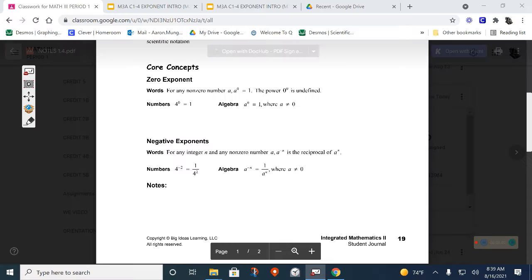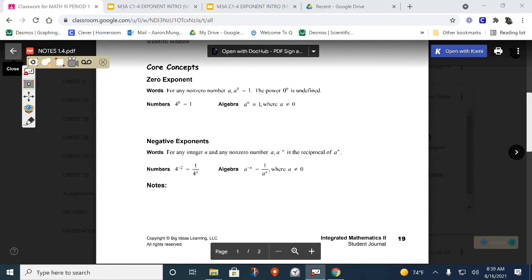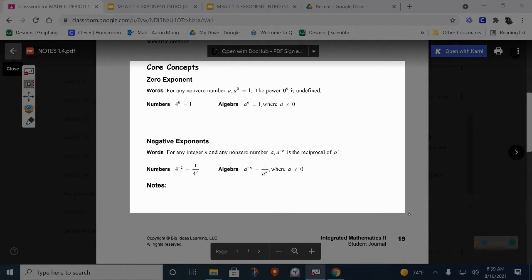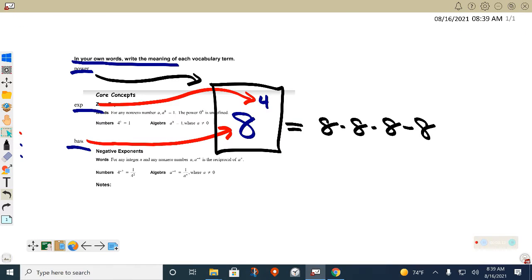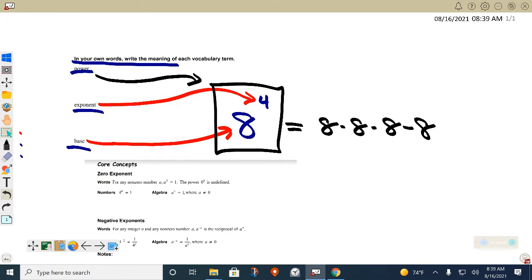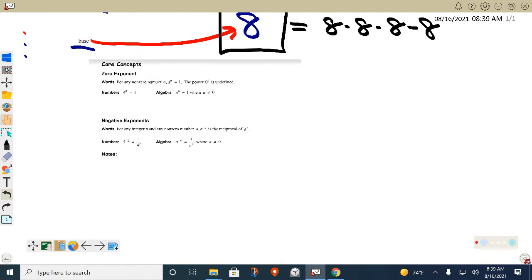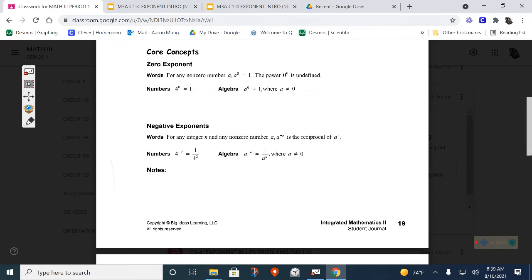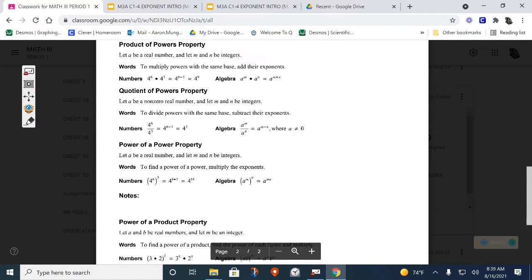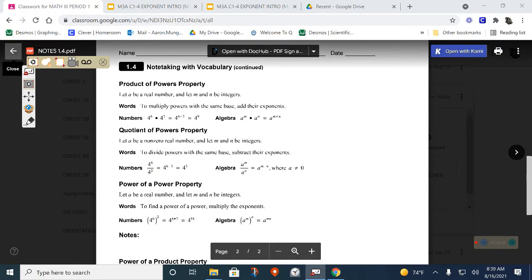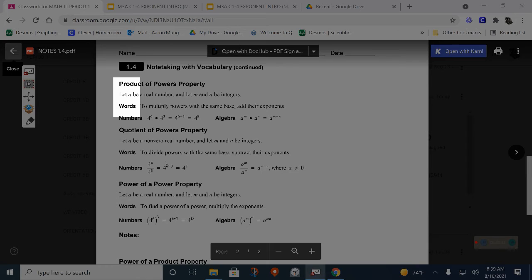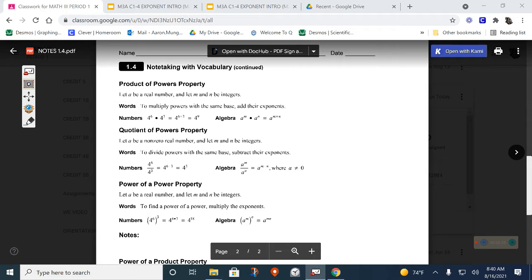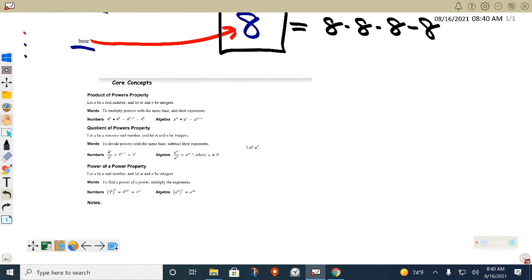Let me paste this puppy. All right. Put that down here. Nice. Let me go down a little bit more. Do a few more here. Rocking and rolling here.